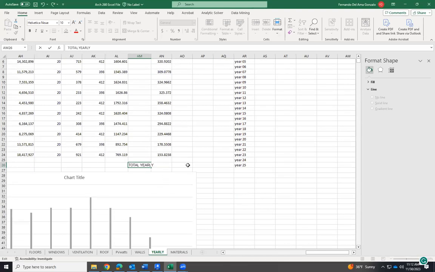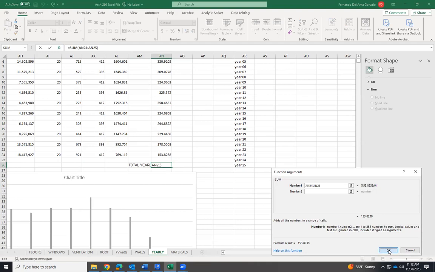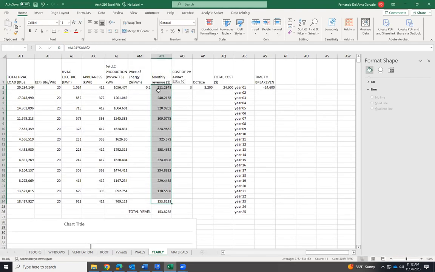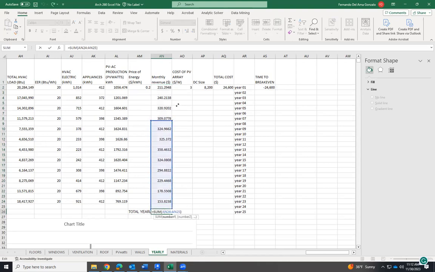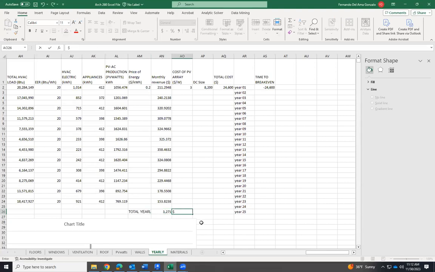So that will be the sum of all the months. Okay, have to add all this up. So my yearly production is 3,200. Going to use this, $3,271.